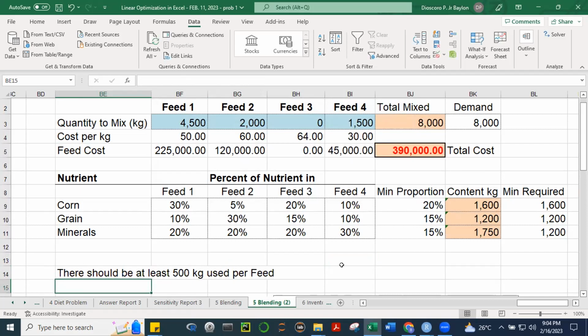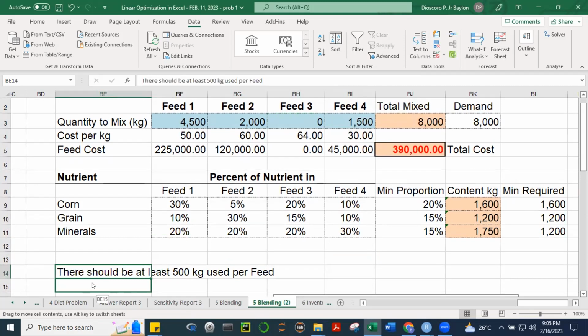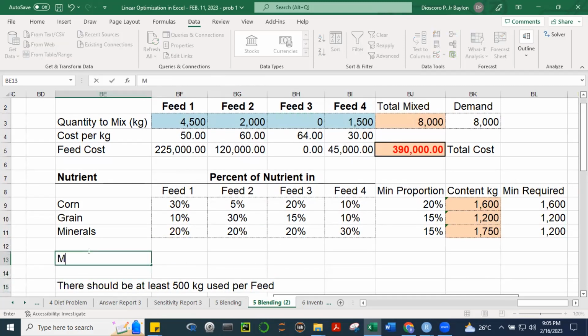Okay, so there's another constraint. Because here we're not going to use feed 3, but let's suppose that we are required that the minimum feed to be used is 500. Okay, so let me just put here minimum weight per feed is 500.